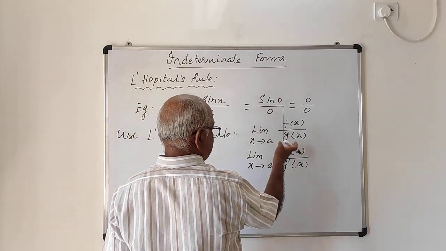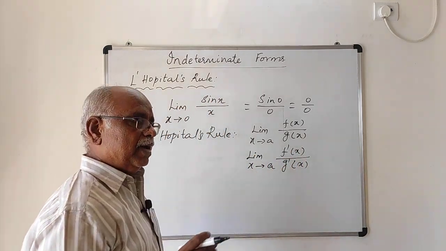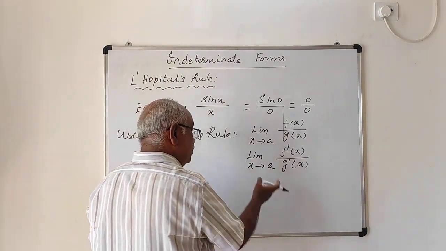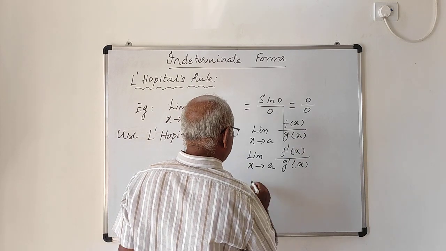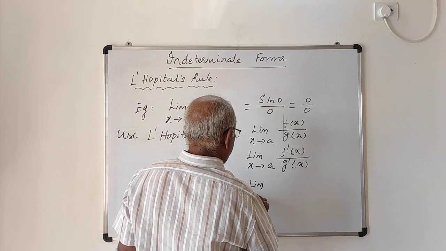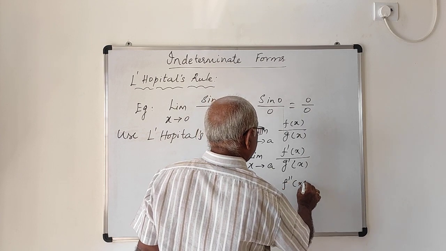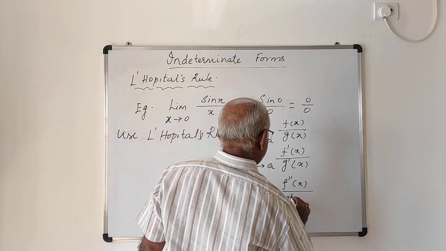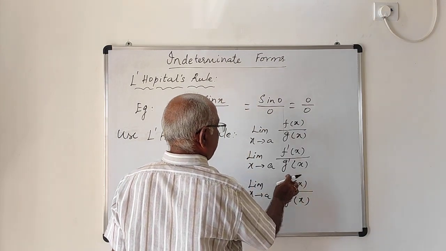Now you apply the limit x tends to a, and you will get the answer. Even then, if after differentiating you again get an indeterminate form, you once again have to differentiate by L'Hopital's rule: f double dash of x by g double dash of x, and you apply the limit.